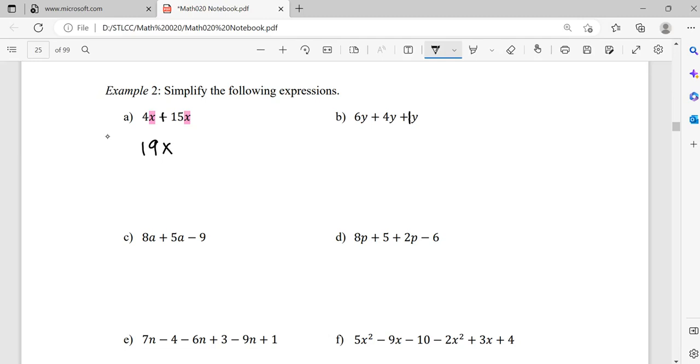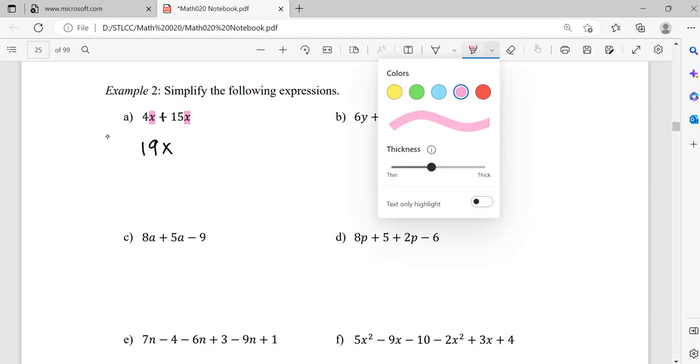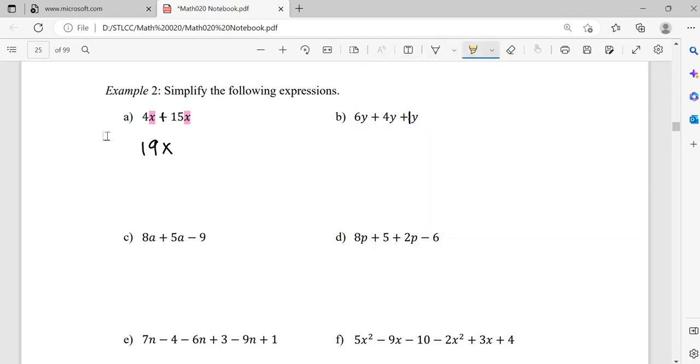If I don't have a number, that means the number is 1. Now, all my like terms are y's. So I'm going to keep the like term, y, and add the numbers, 6 plus 4 plus 1. It's going to give you 11y, because 6 plus 4 plus 1 equals 11.